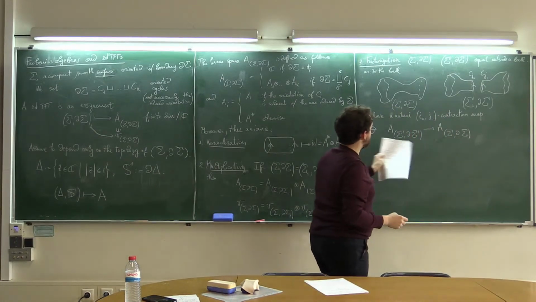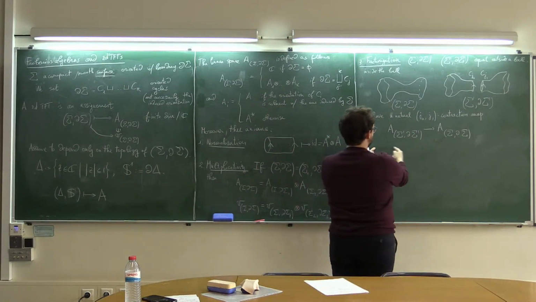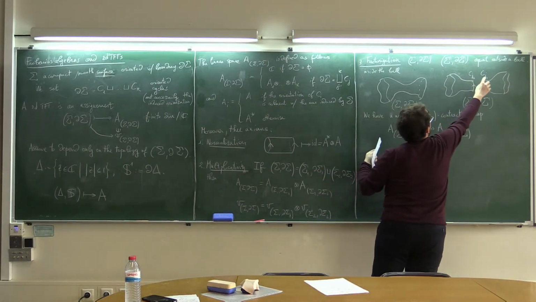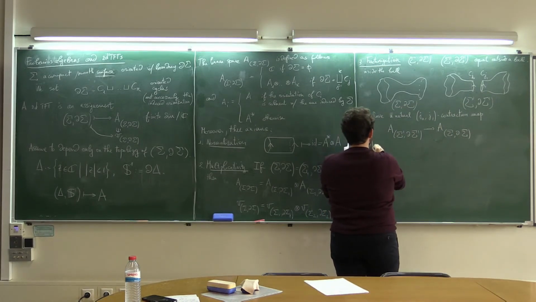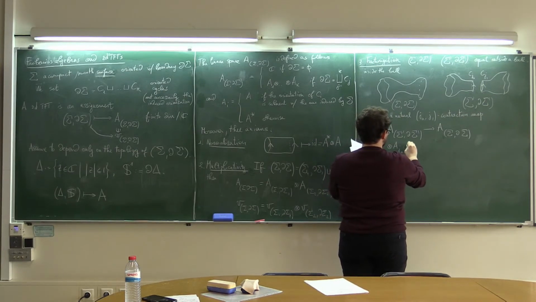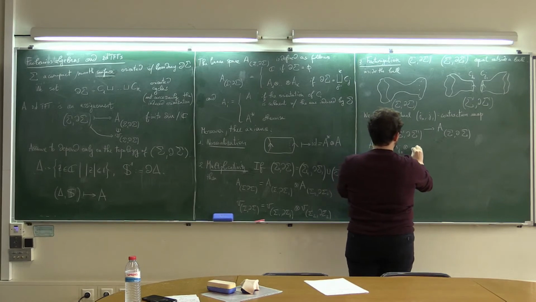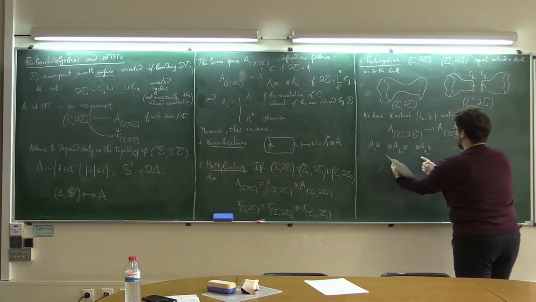And such a contraction map is the obvious one. Here J0 and J1 stand for the positions in the tensor product. So here I will have A1, tensor and so on, tensor AJ0, tensor and so on, tensor AJ1, tensor and so on. And here I have two copies less.